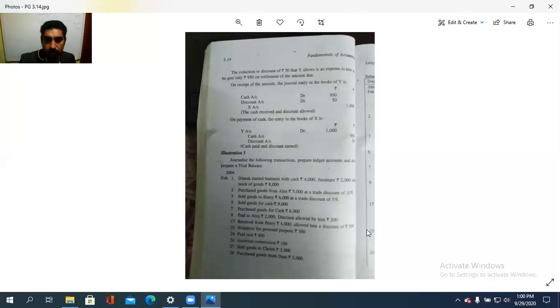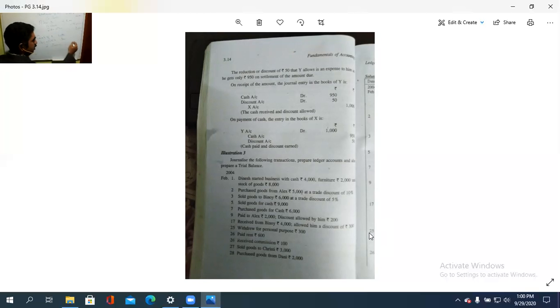Received from Binoy 4,000, allowed him a discount of 300. So Binoy in the 4,000, isn't it? So cash account debtor 4,000, discount allowed account debtor, how much is it? 300 to Binoy, received from Binoy, isn't it?